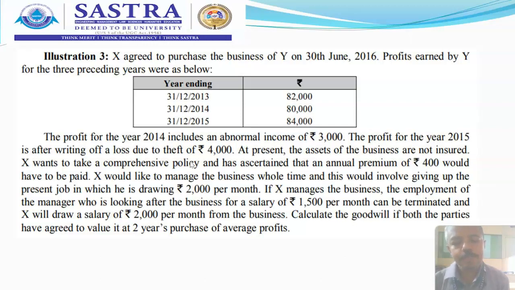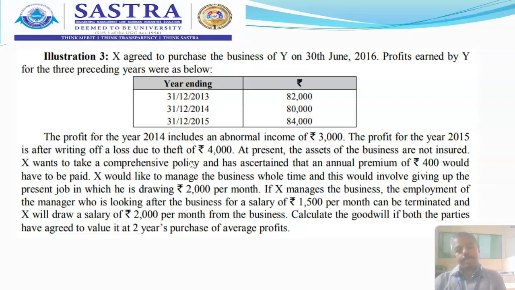So the total subtracting item, because these two are recurring expenses in the future, is 24,400. So from 82,333, if you subtract 24,400, you will get around 57,933.